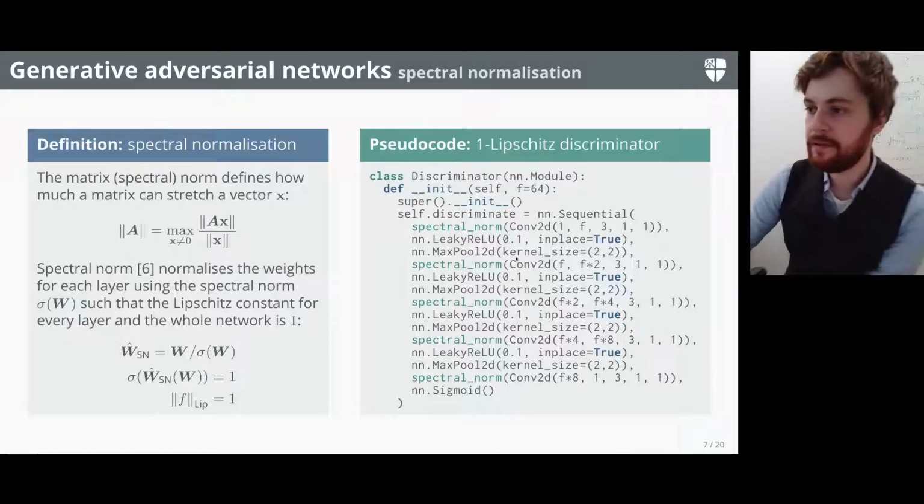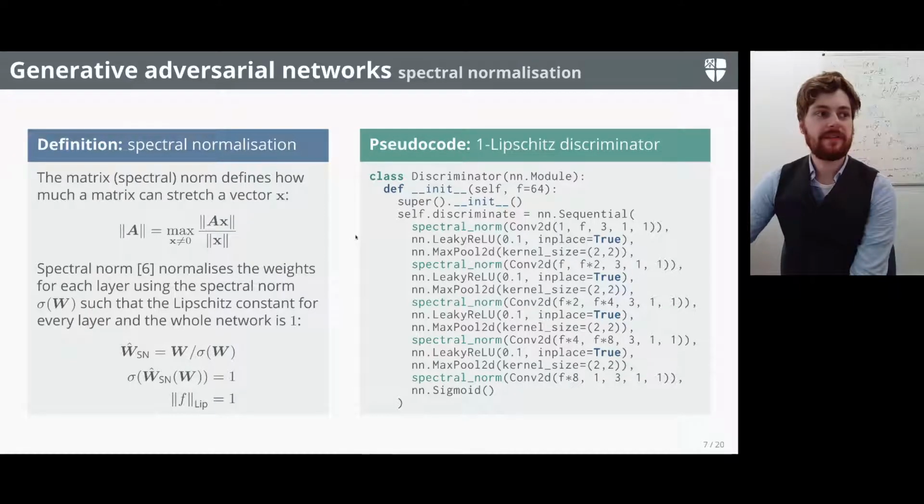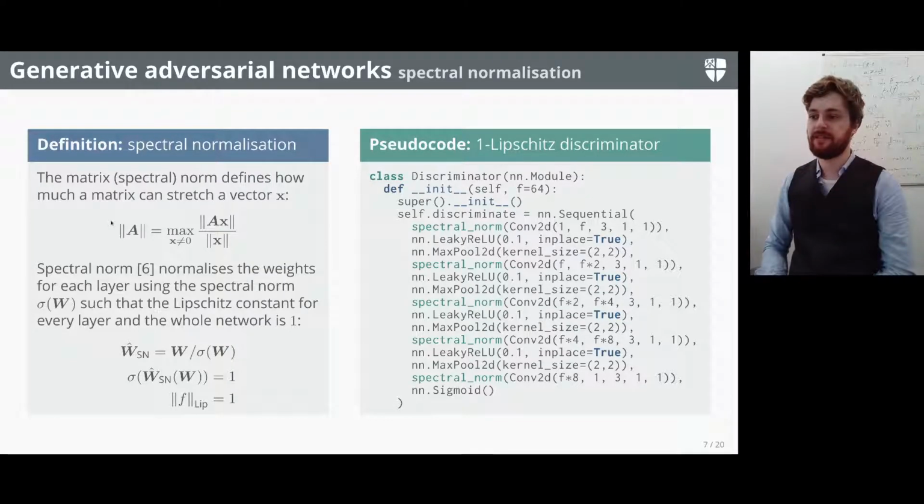The spectral norm is the induced matrix norm of the L2 norm, known as the Euclidean norm. It corresponds to the largest singular value of the matrix A, which basically determines how much it can stretch a given vector.